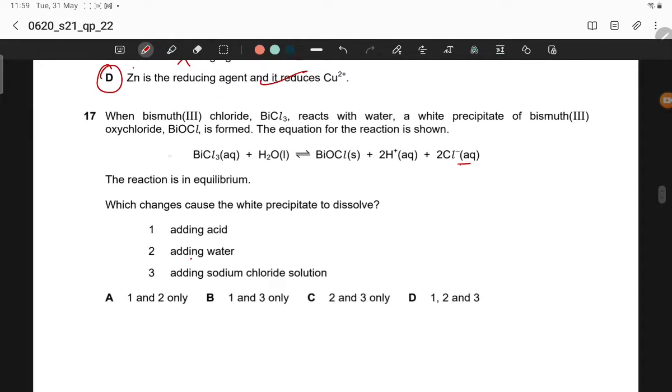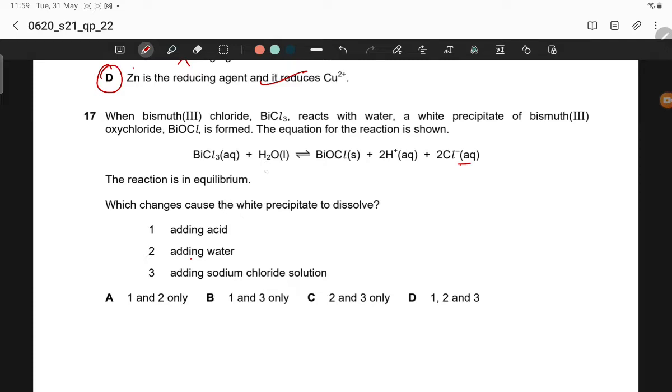Question number 17. When bismuth 3 chloride reacts with water, a white precipitate of bismuth 3 oxychloride is formed. The equation for the reaction is shown. The reaction is in equilibrium. Which change causes the white precipitate to dissolve?